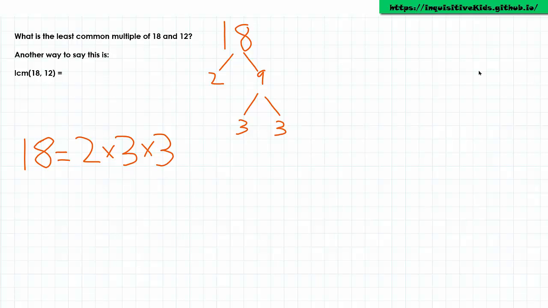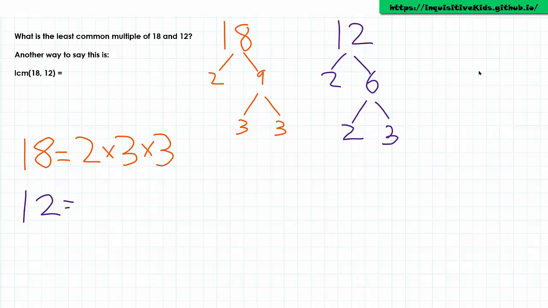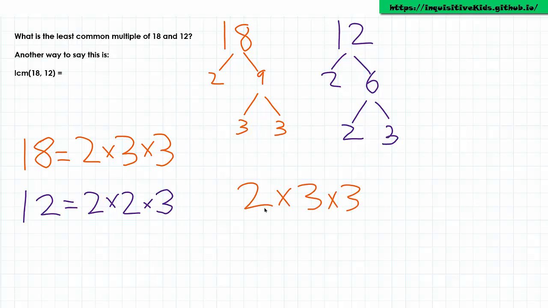Now let's take the prime factorization of 12. 12 can be divided by 2 and 6. 2 is prime. 6 can be divided into 2 and 3. We can write 12 equal to 2 times 2 times 3.